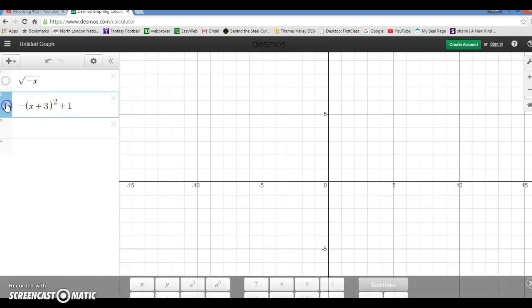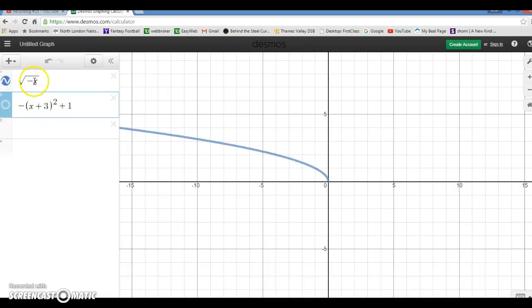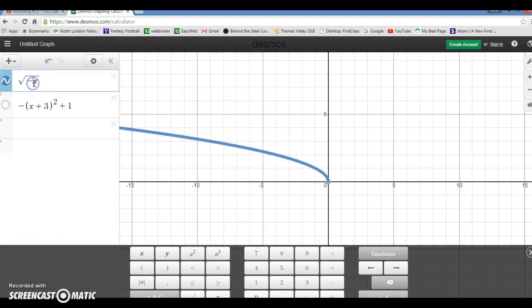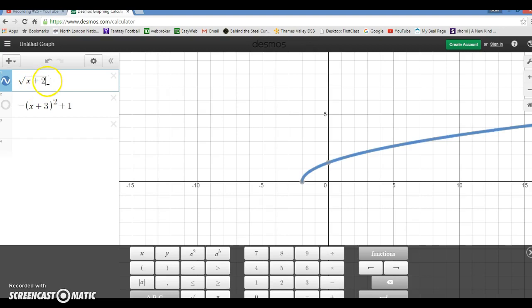If you have something like root x and you flip it, and let's say I add 2 to that in the bracket, so that moves it left 2. Then I'll get out of the bracket and add 7 to that to move it up 7. Maybe that's a bit too much, 6. Move it up 6, and I want to flip it horizontally. I throw a negative in front of this x, and it flips it horizontally, a reflection in the y-axis. If I want to make this whole thing negative, I put a negative in front of the whole thing.